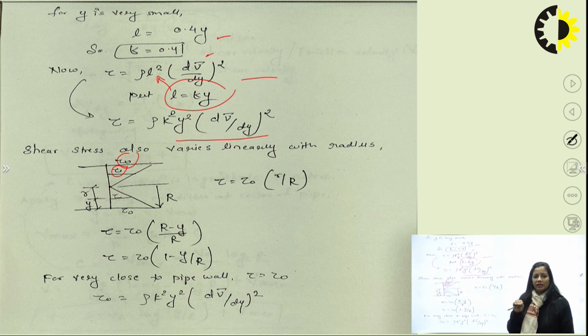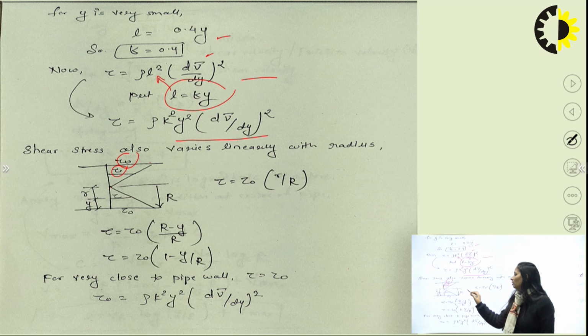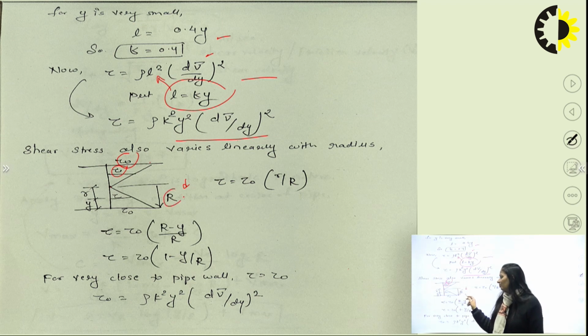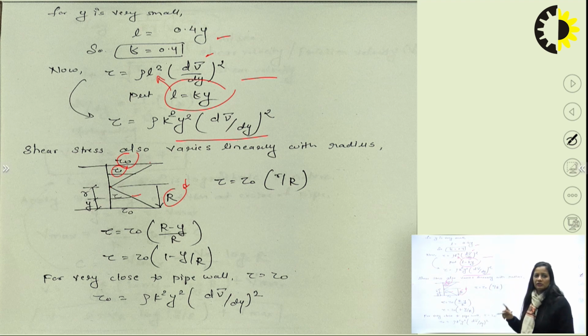Again, when you move towards the pipe wall, the shear stress increases linearly. Here capital R is the radius of the pipe. Small r is what we have taken at a distance small r from the center of the pipe, and here you get shear stress as tau.